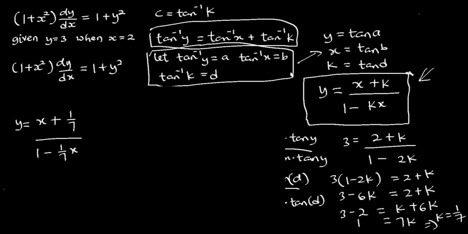Let's simplify this. I can write this as x plus 1 over 7.